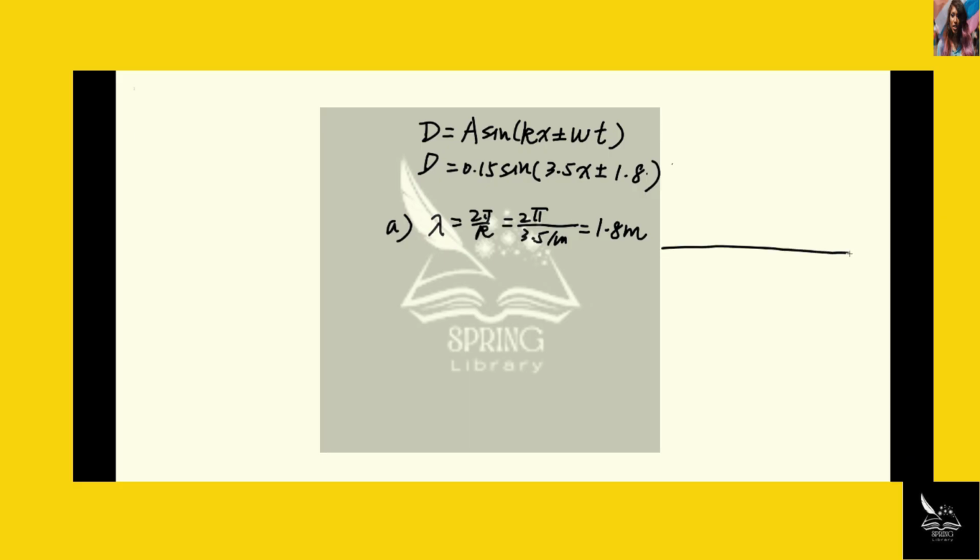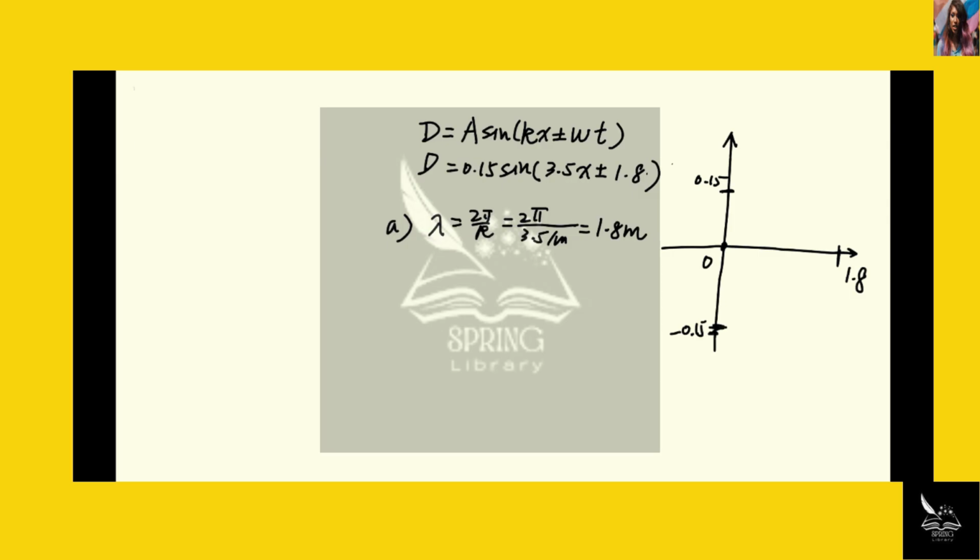Draw the graph. Setting the x on the graphing calculator, set the x maximum to be at least 1.8. And the amplitude we would expect to be 0.15 and negative 0.15.